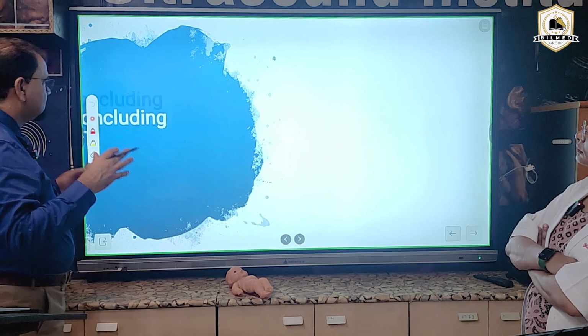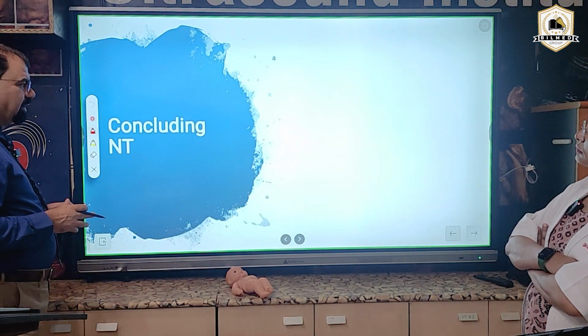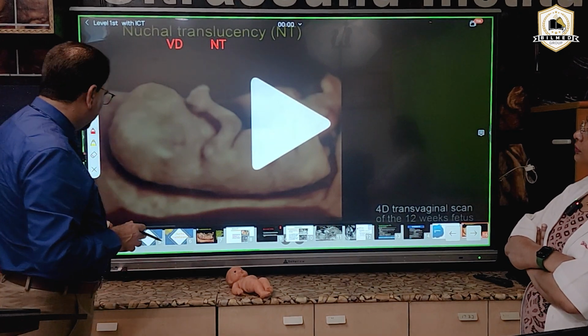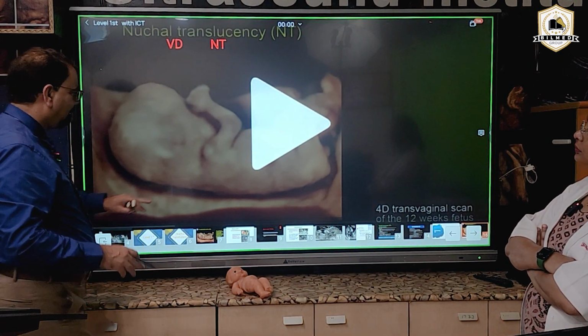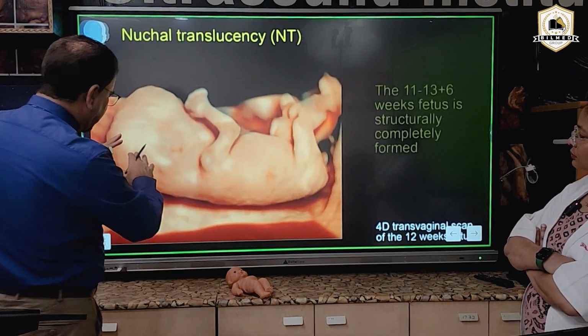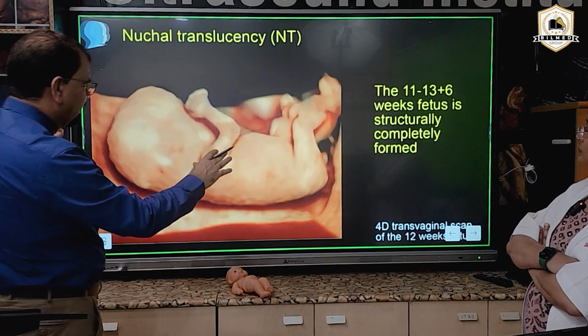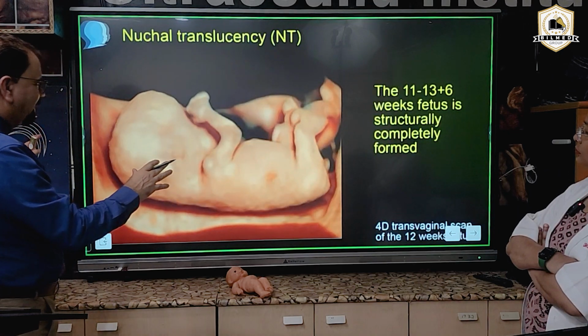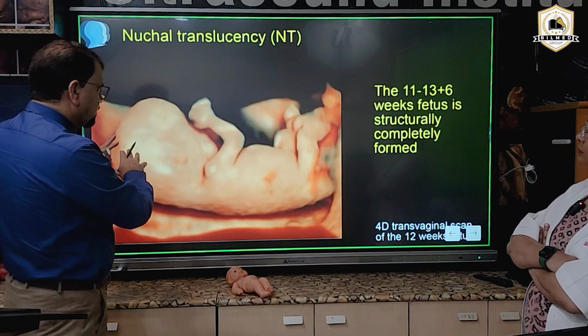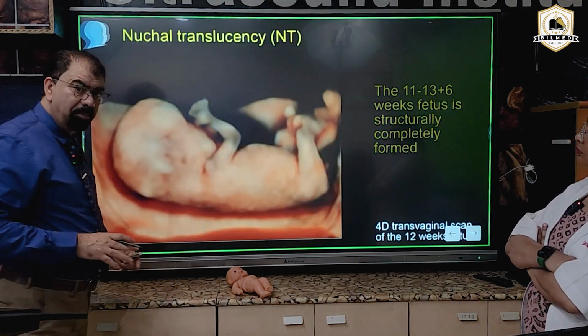Now, let's conclude this NT. This is the video over here, which will show you each and everything in detail. Over here, the section is the mid-sagittal section, and it is to be taken between 11 to 14 weeks, 13.6 weeks, when the fetus is structurally completely formed.